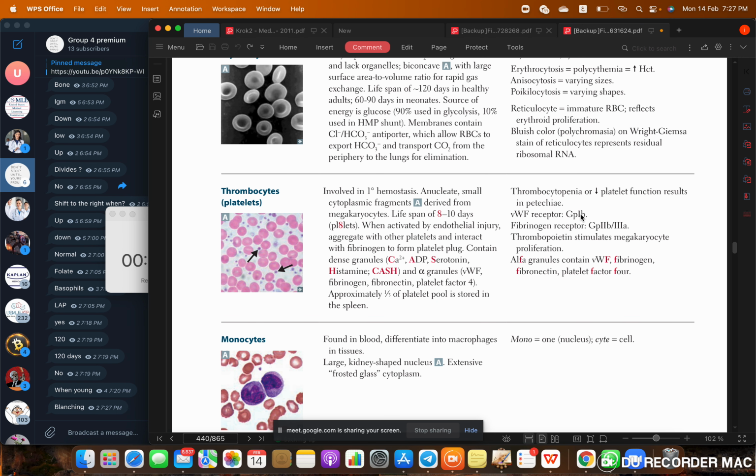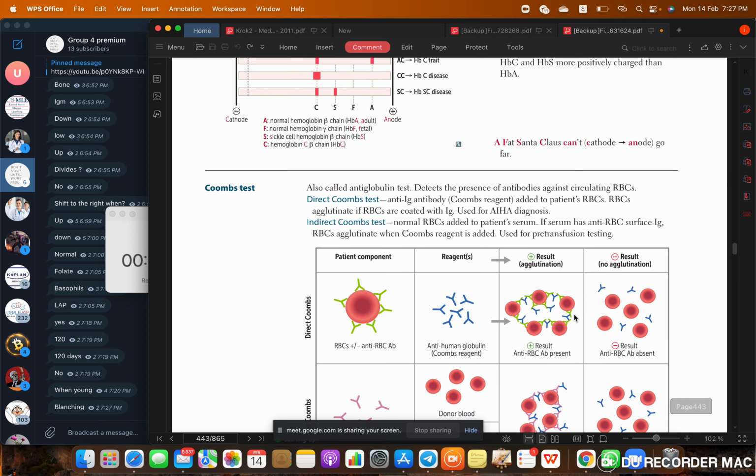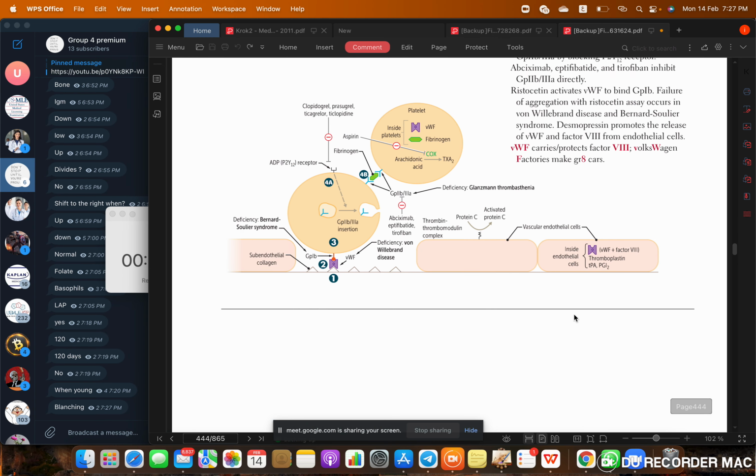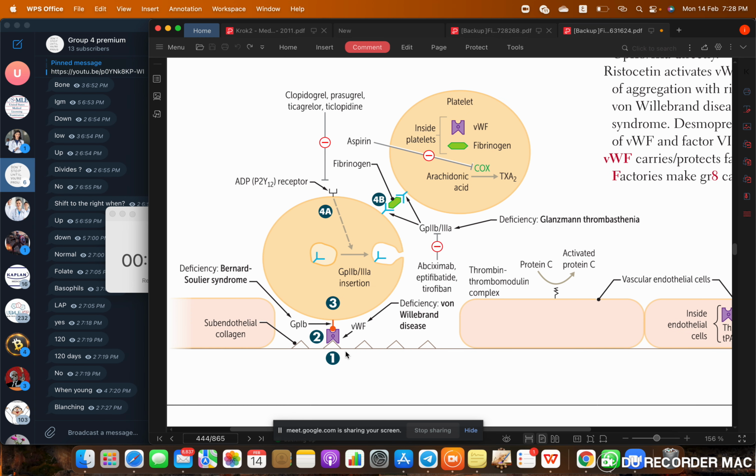The von Willebrand factor receptor, also known as GPIb, is located on the platelet itself. And the fibrinogen receptor is known as GPIIb/IIIa. It's also located on the platelet, but these are different as follows. As you can see here, the von Willebrand factor binds to the GPIb, which is coming from here.